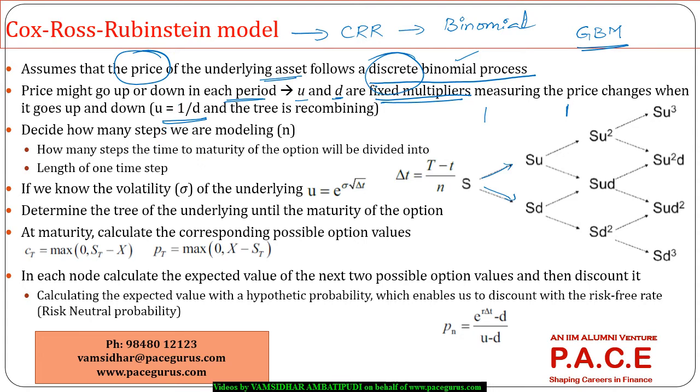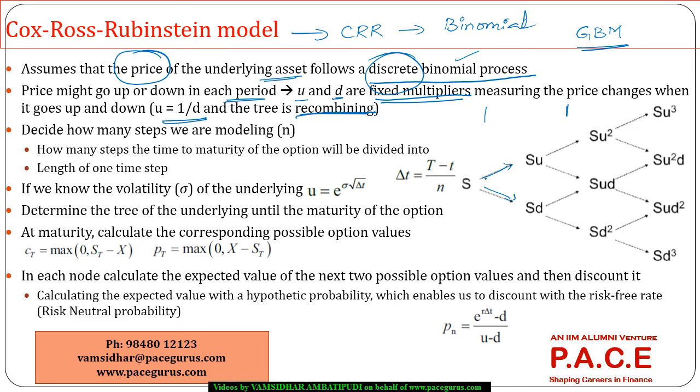So this is what a CRR model assumes. These are all the assumptions of the CRR model. One, it assumes that the price follows a discrete binomial process. The U and D are the multipliers which talk about the upward change and the downward change. And the relationship between both of them is the reciprocal relationship. And it also assumes that the tree is recombining.